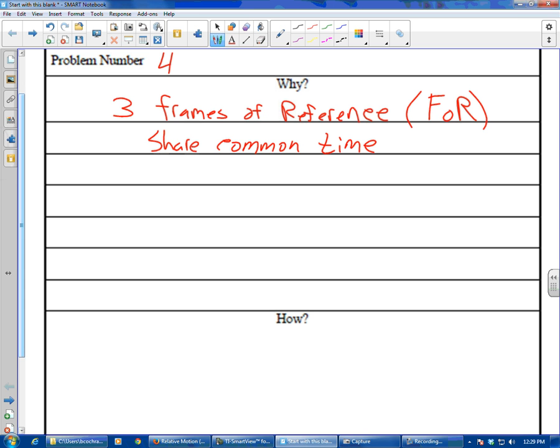And then I'm going to change to from car B's frame of reference. Car B is still, right? Then whatever frame of reference we're in, we're not moving. Yes?